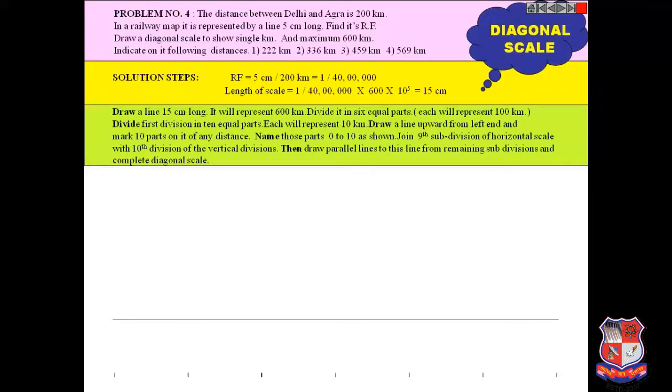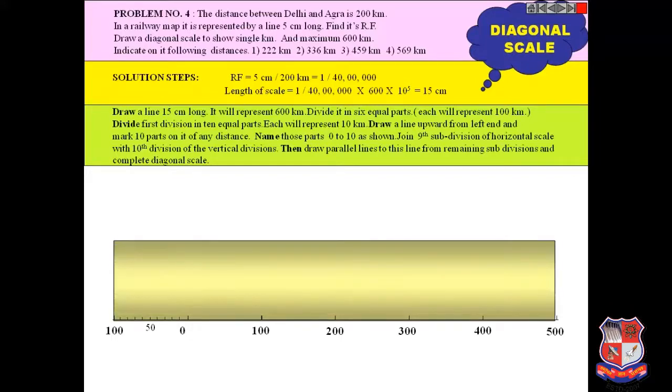After drawing the 15 centimeter line, you have to divide that line into 6 equal parts. So here you can easily see 0, 100, 200, 300, 400, 500, and the left part is again divided into 10 equal parts, same as your plane scale. After that, you have to draw a horizontal and vertical line.